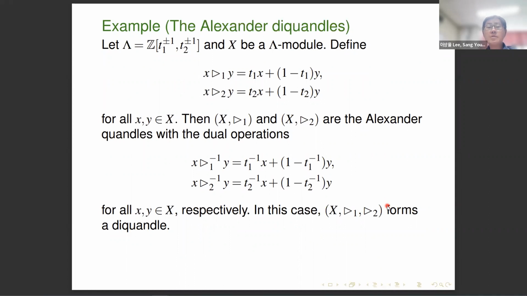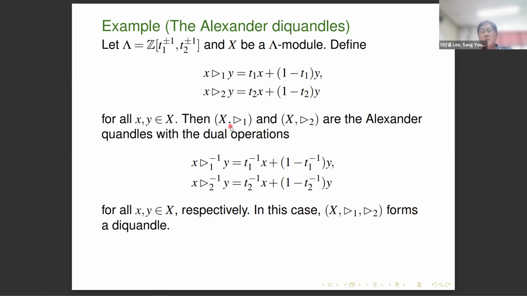Another non-trivial example is the Alexander diquandle. Let Λ be this Laurent polynomial ring in two variables t1, t2, and X be any Λ-module. Then define two operations δ1, δ2 like this.